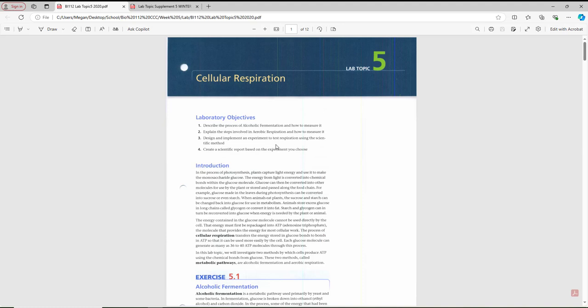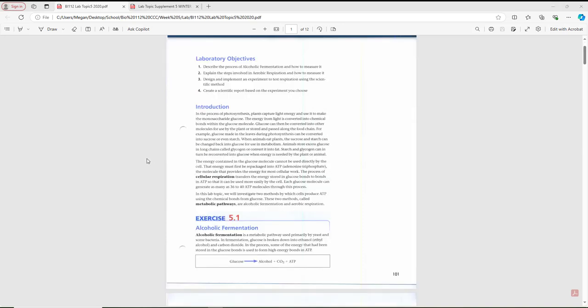So if you chose the variable temperature, salinity, or pH, you'll actually run this experiment this week with the scientific method. Just as we discussed in lecture, we're going to go through one of the metabolic pathways, alcoholic fermentation, which is how cells can obtain ATP through cellular respiration.